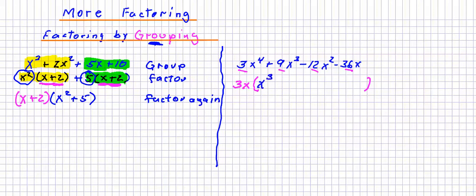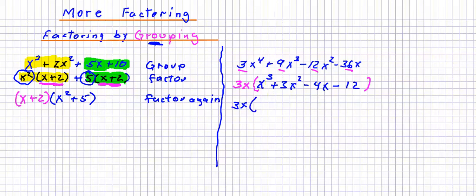Now I have x cubed plus 3x squared minus 4x minus 12. And now I'm going to repeat the process. Each step along the way I write the 3x. And I factor by grouping.